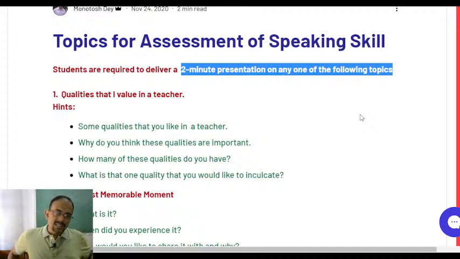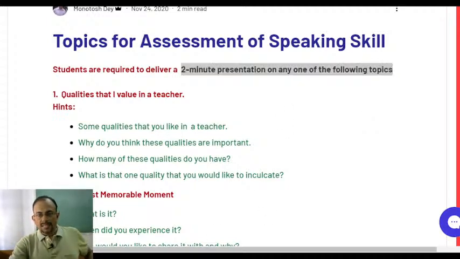So your speaking skill syllabus will be something like that. As you know, ASL means assessment of speaking and listening. This is one of the parts.